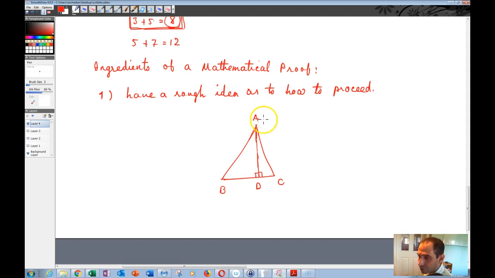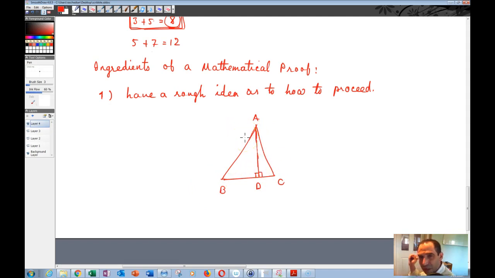For now, what I wanted to show you is that you draw a diagram, take a look at the diagram, and then you say, okay, I'm going to do this, and put this angle over here, and then this angle is equal to that angle, and so on and so forth.